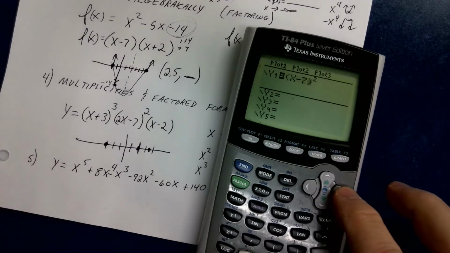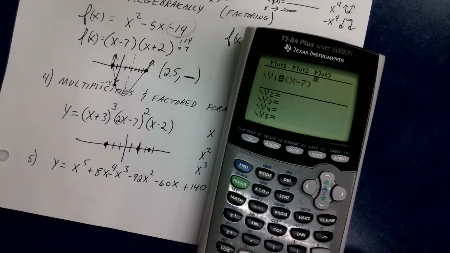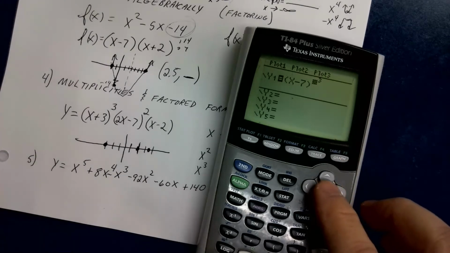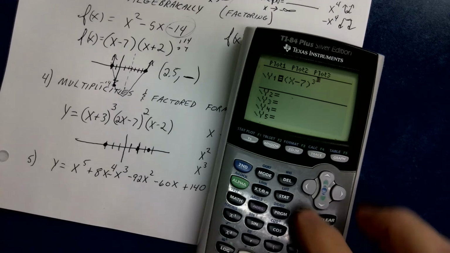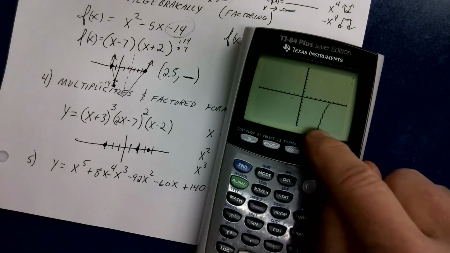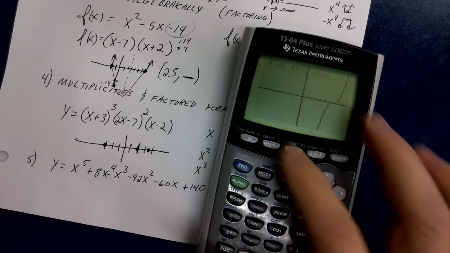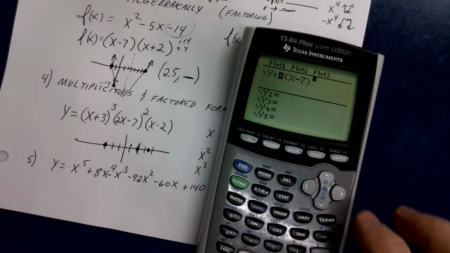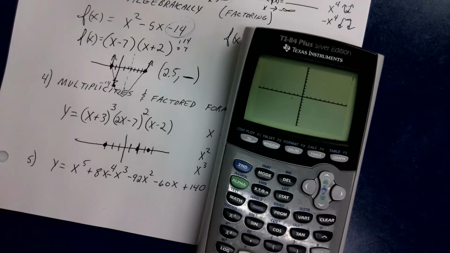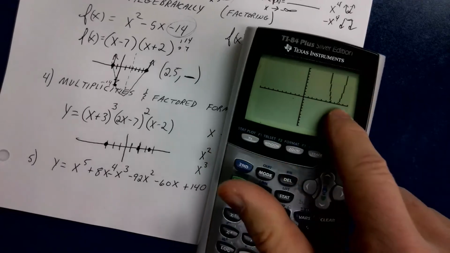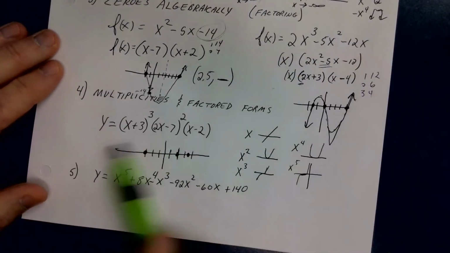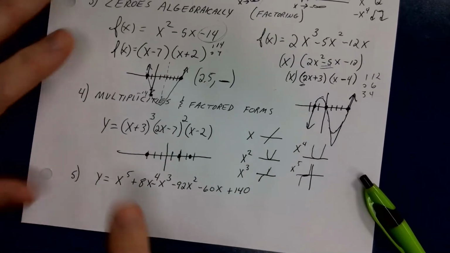If I change that to a degree of 3, oops, sorry, I did a raise to the power, so let me have that be 3 and that one deleted. You'll see that at 7, it does a little whoop whoop. If I do a degree of 4, and on Desmos, this is so much better to be able to see this, and we do it in class on Desmos. Degree of 4, it bounces, but again, you can see it's a little flatter in that area. Okay, so that's kind of what happens with these multiplicities.